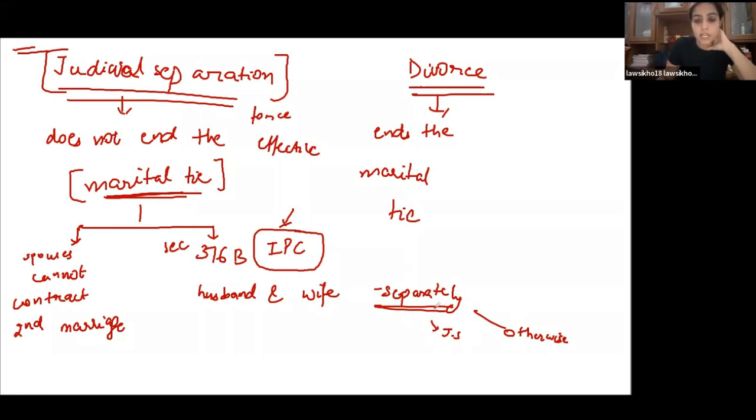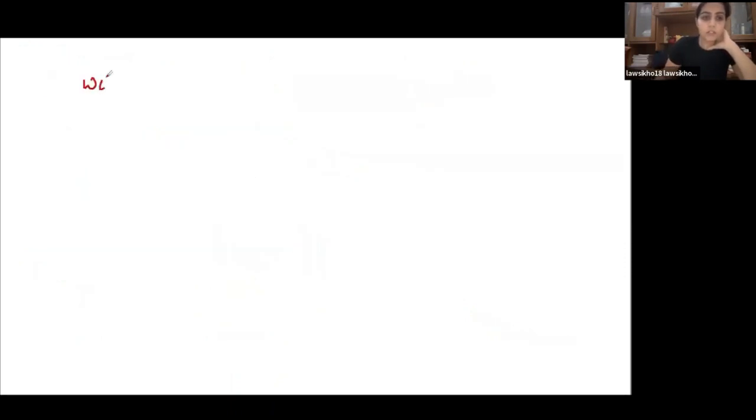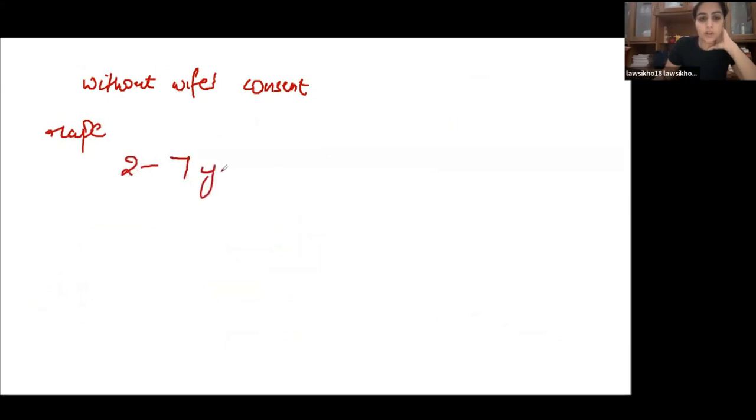Okay, so they're living separately, and if the husband has sexual intercourse with the wife without wife's consent, then he'll be guilty of rape. Okay, and he will be liable to punishment which may range from 2 to 7 years, and he'll also be liable to fine.